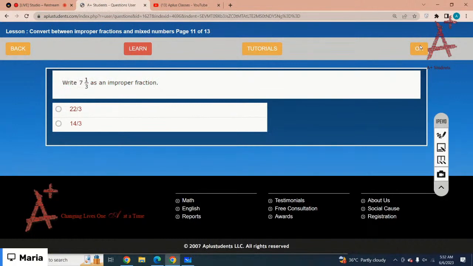Okay, write 7 whole 1 over 3 as an improper fraction, so which is the correct option? That would be 22 over 3.